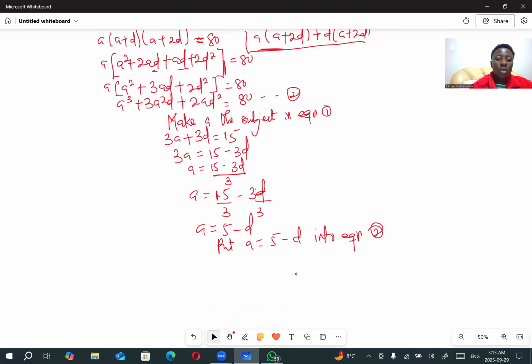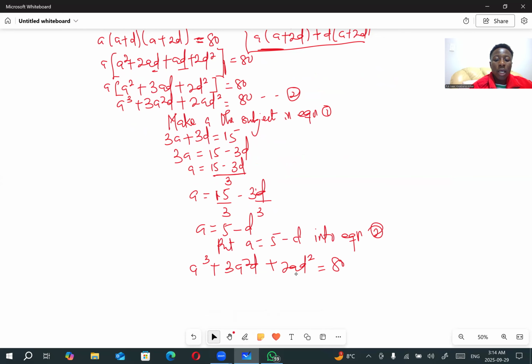So equation 2 is A cubed plus 3A squared D plus 2AD squared.